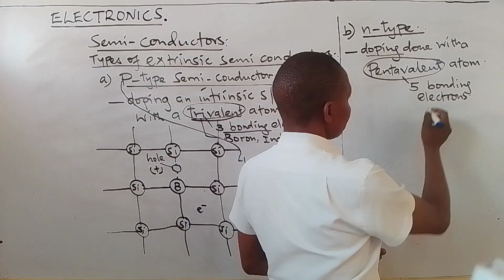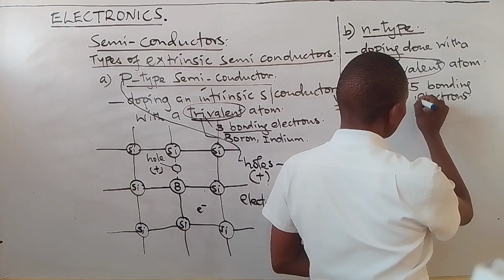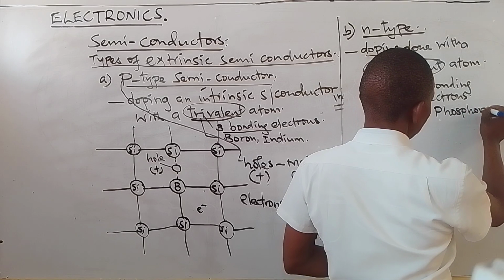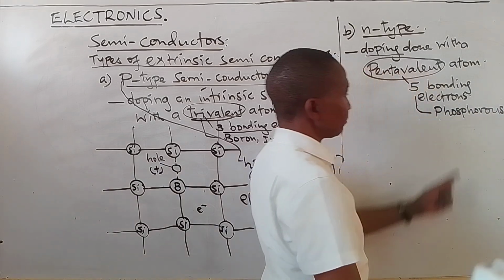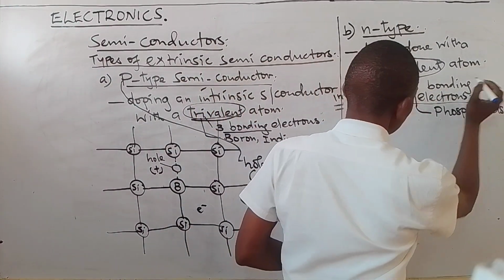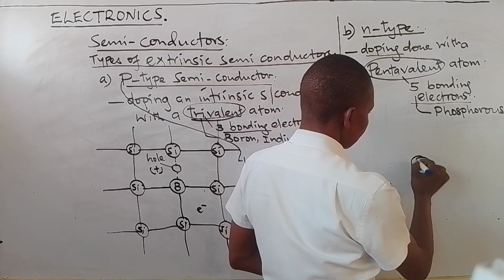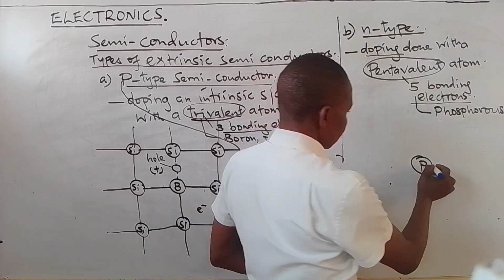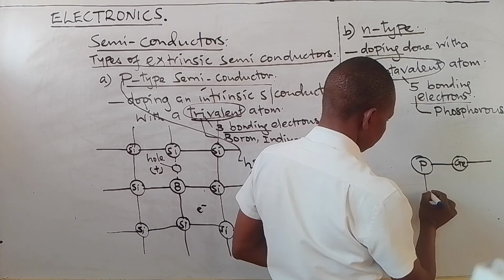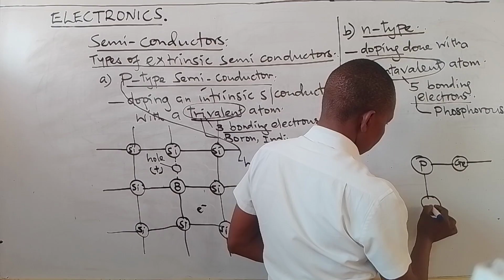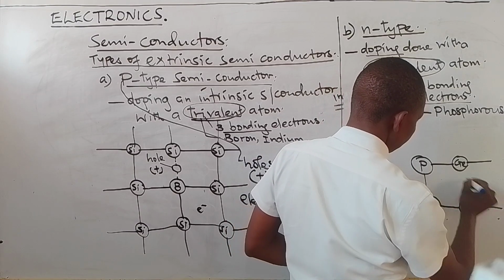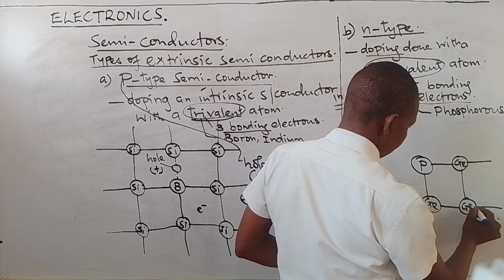Let me give examples of this. A very good example is phosphorus. A phosphorus atom is a pentavalent atom. It has 5 bonding electrons. Let's use phosphorus to dope a germanium crystal and see the result.